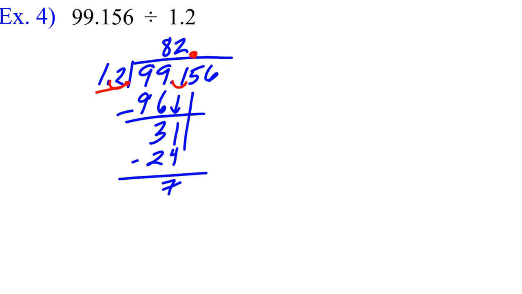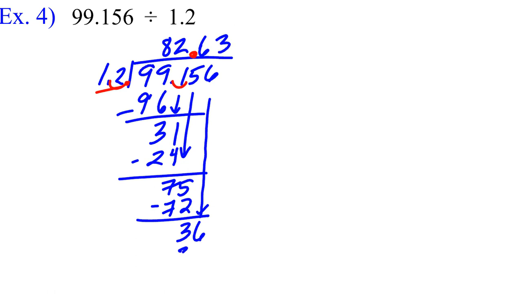Difference of 7, bring down that 5. 12 times 6 is 72. And I'm going to bring down this 6 here. And then we got 3 here. Now we're at 0. So our answer to this problem here is 82 and 63/100ths.